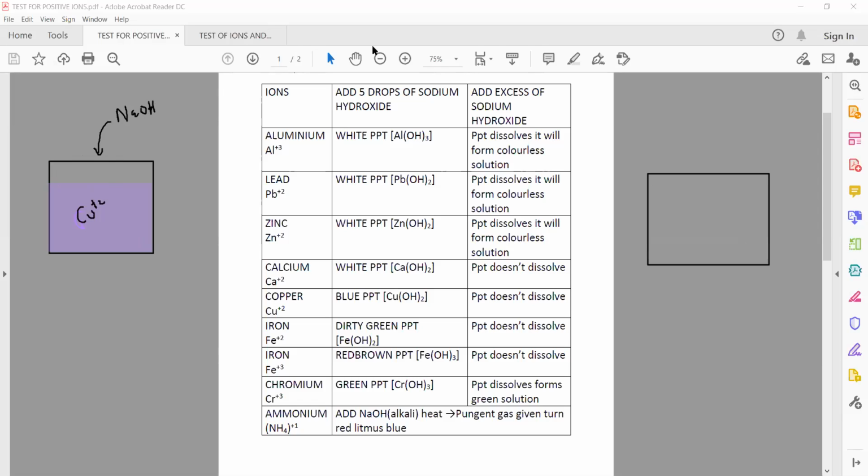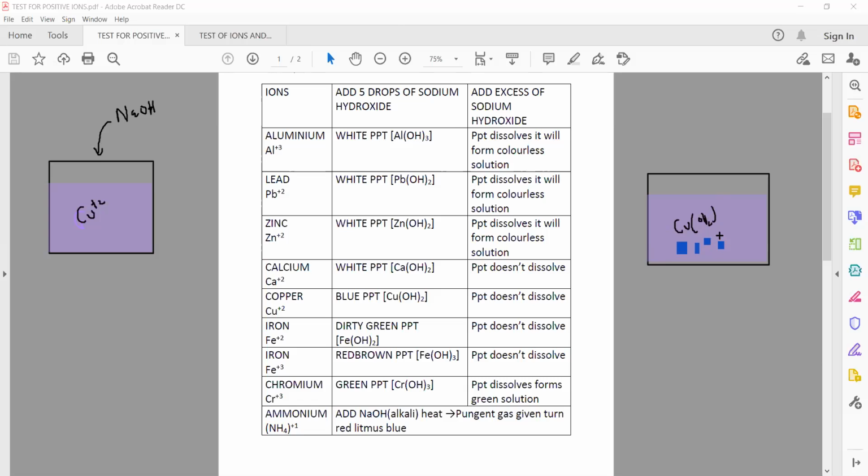This will result in the formation of copper hydroxide. And what is copper hydroxide? Copper hydroxide is actually blue in color. So a blue solid is formed in the solution.